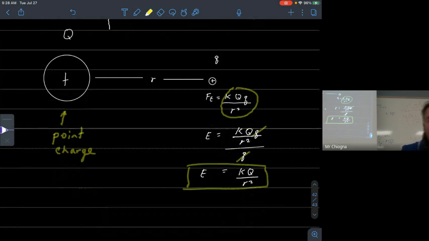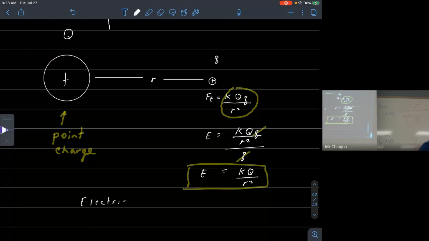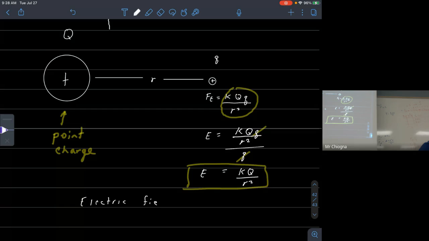So this is the equation for the electric field. Notice it doesn't contain the small q. The electric field only depends upon the source. Electric field depends only on the source.